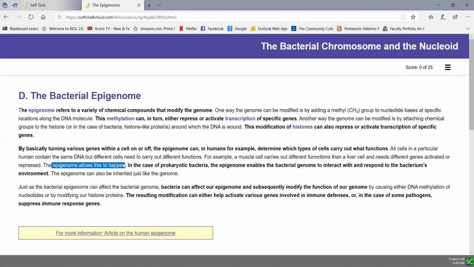So the epigenome is actually used to determine what genes in a cell are being transcribed and are functional, being activated, and which are being repressed, and that in turn can determine the function of that cell. And we also know now that parts of the epigenome can actually be inherited.